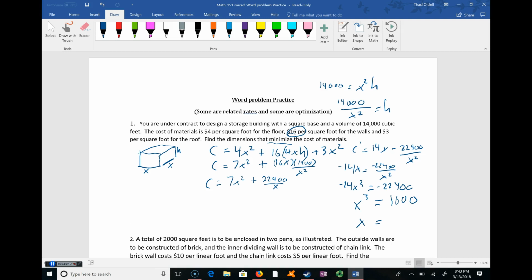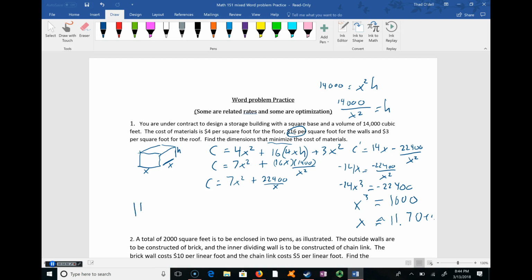Then we take the cube root of both sides, so 1600 raised to the 1 divided by 3 power, and we get approximately 11.70 feet. So what are the dimensions?